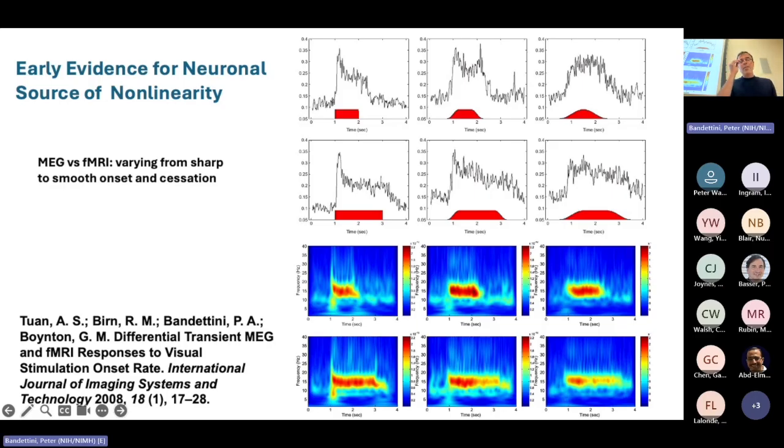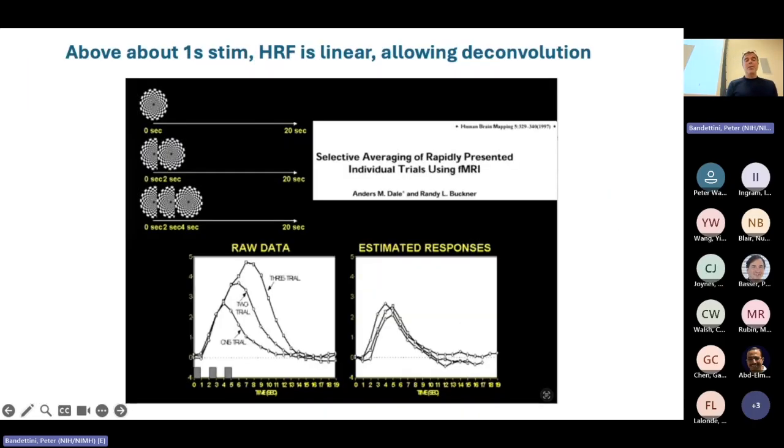But if you decrease that from an abrupt onset to a more shallow ramp, all the way down to a very shallow ramp, you don't get this abrupt effect in the BOLD response that contributes potentially to the nonlinearity at the very brief stimuli. And you can see that reflected also in MEG as well. So that was a nice comparison.